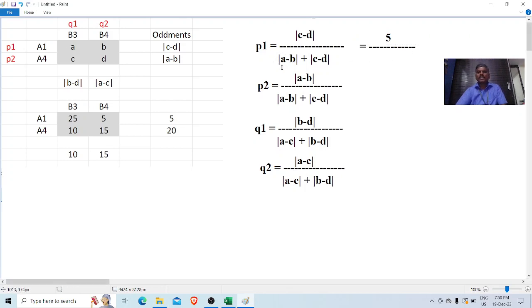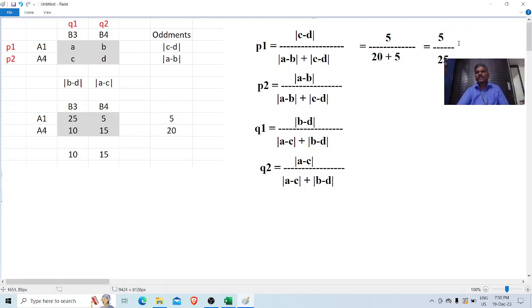Denominator, modulus of A minus B is 20, plus modulus of C minus D is 5, equal to 25 and the numerator we have 5.